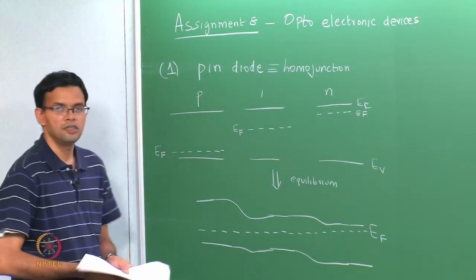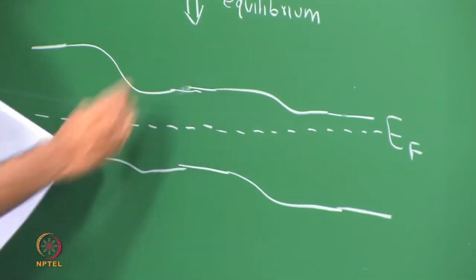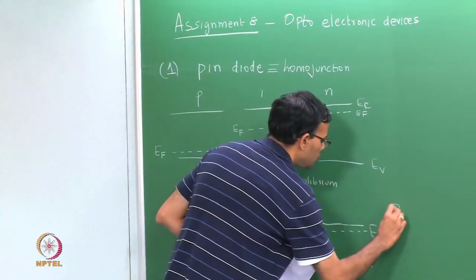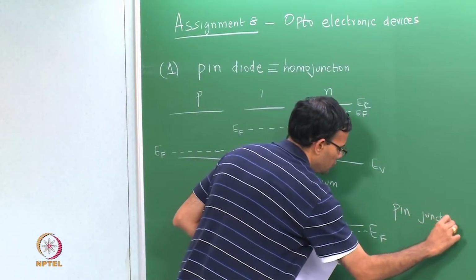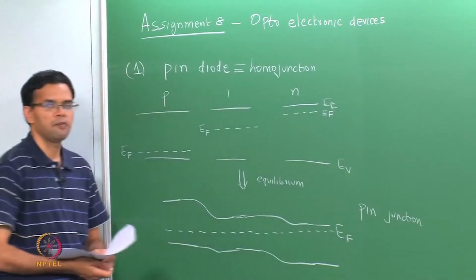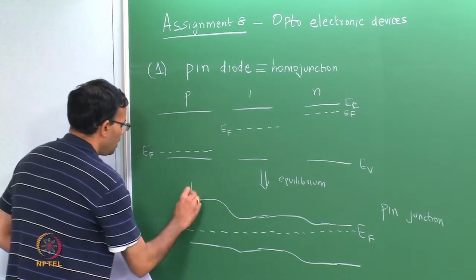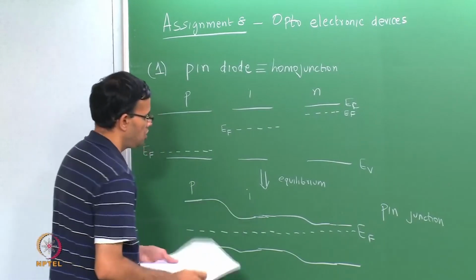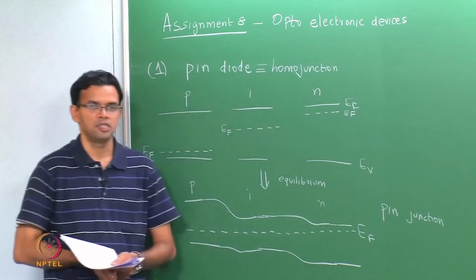So, essentially this is your PIN junction in equilibrium. There are two contact potentials that are developed, one between the P and the intrinsic region and one between the intrinsic and the N type region.